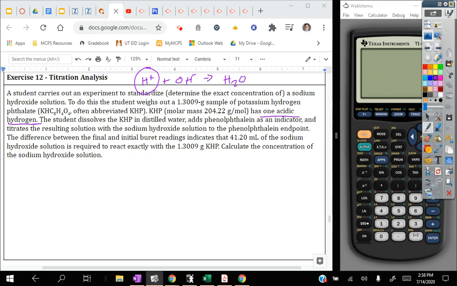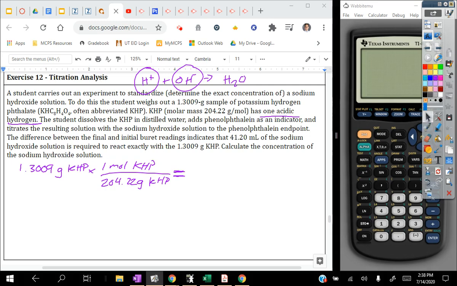Therefore, to neutralize it, we'll know the exact moles of OH minus, and then we can figure out the molarity from there. So first things first, let's convert our grams of KHP to moles. And again, significant figures are going to matter here a lot because we're trying to be as accurate as possible.